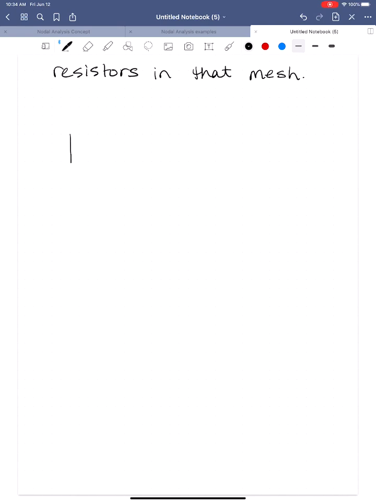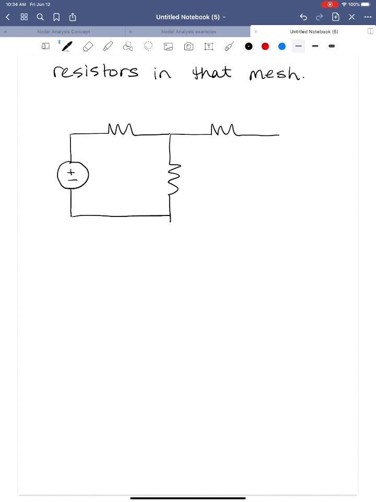Okay, so this is V2. We're just going to put variables in here. We're not even going to worry about numbers. R1, R2, and R3.